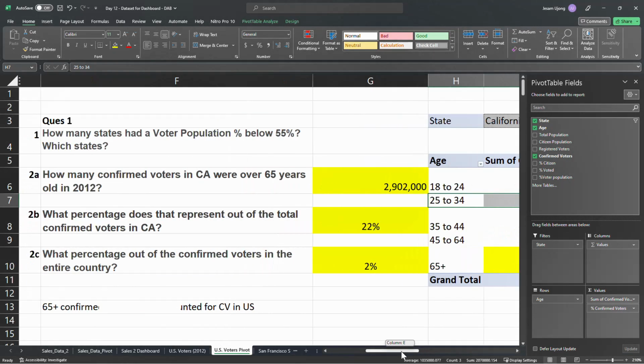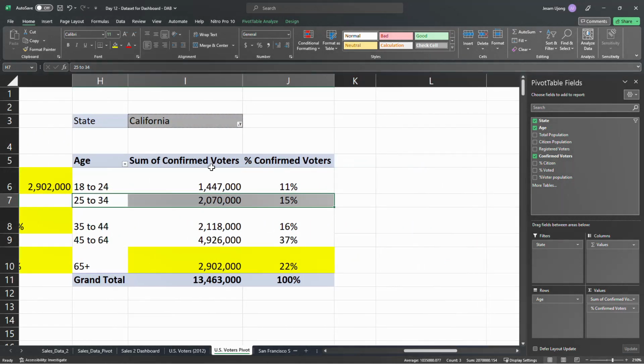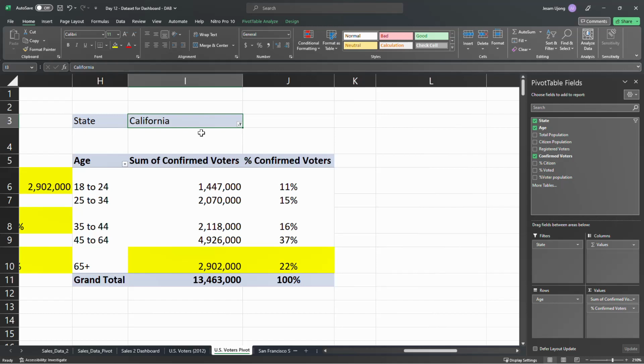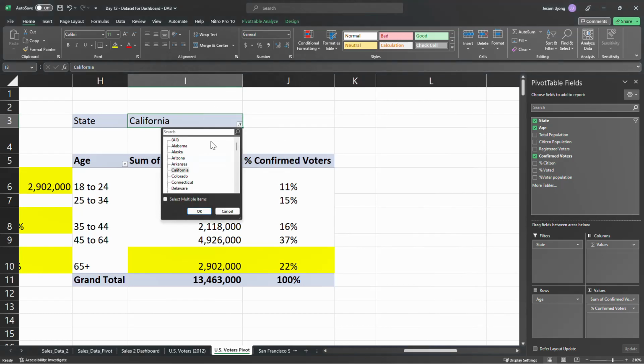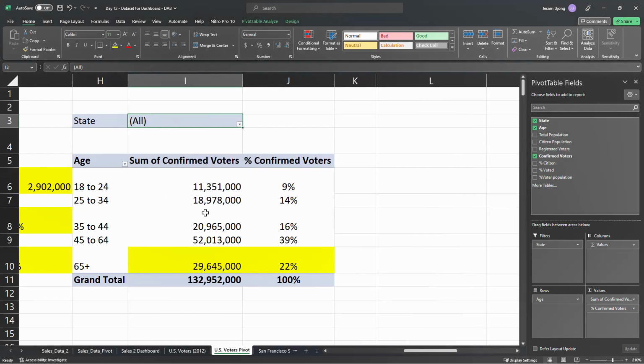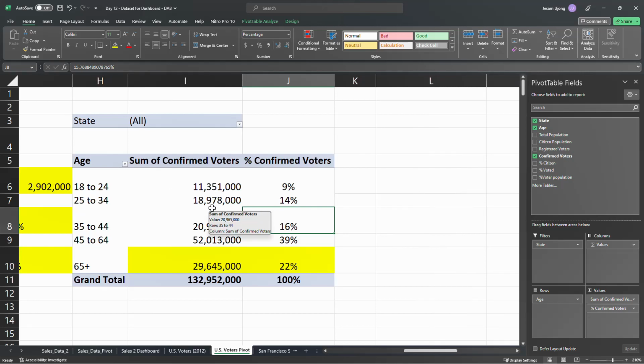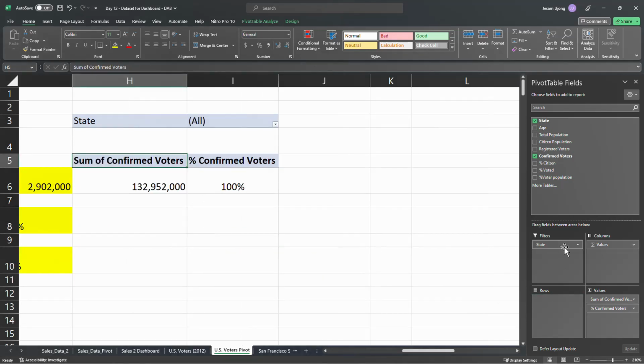So I just came here. Here we had just the states, okay? Here we had just the states, one state, California. If I came here and I just removed the filter, selected all, it would sum up for everything. But how do I get for the states? So here's the thing. All the states, right?